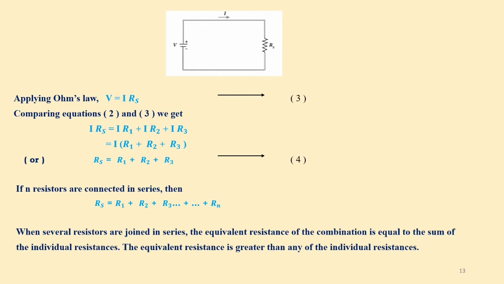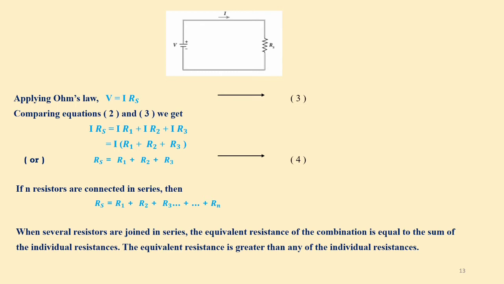This is equation 4. In the picture, we have assumed 3 resistors connected in series. So on the right hand side of equation 4, we get 3 terms. Suppose if n resistors are connected in series, then on the right hand side of equation 4, we will be getting n number of terms.